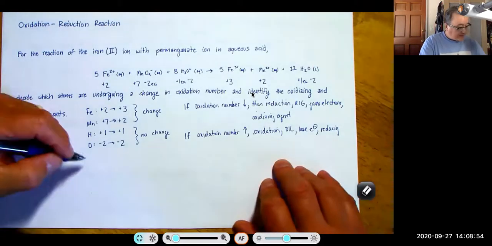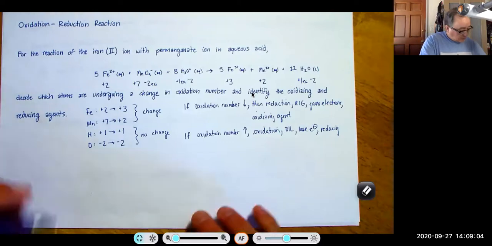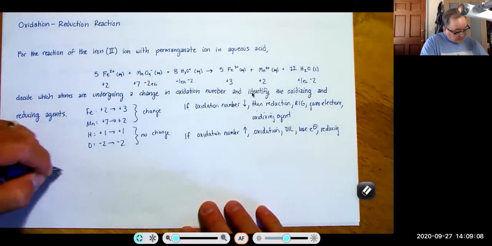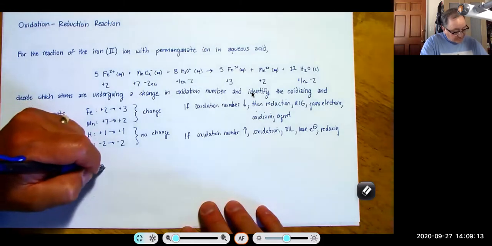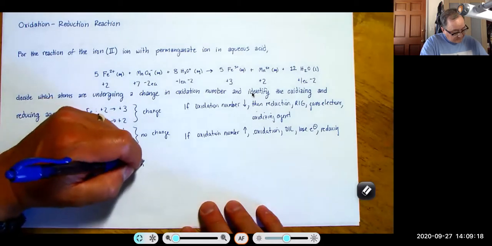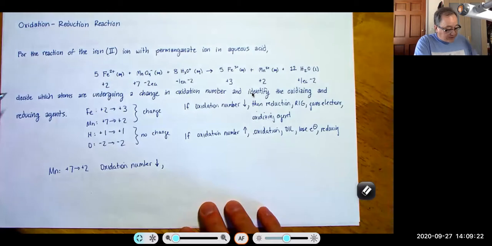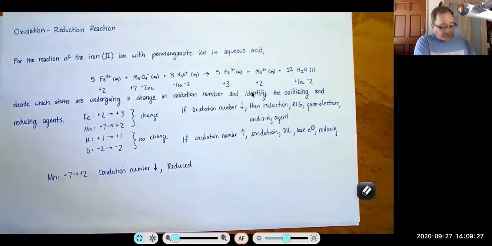So we can see that the oxidation numbers of these two elements change. I like to focus on the one where the oxidation number goes down first. So I'm going to say that for the manganese, when we go from a +7 to a +2, the oxidation number decreases. Decreases means reduced. We could say reduction also.